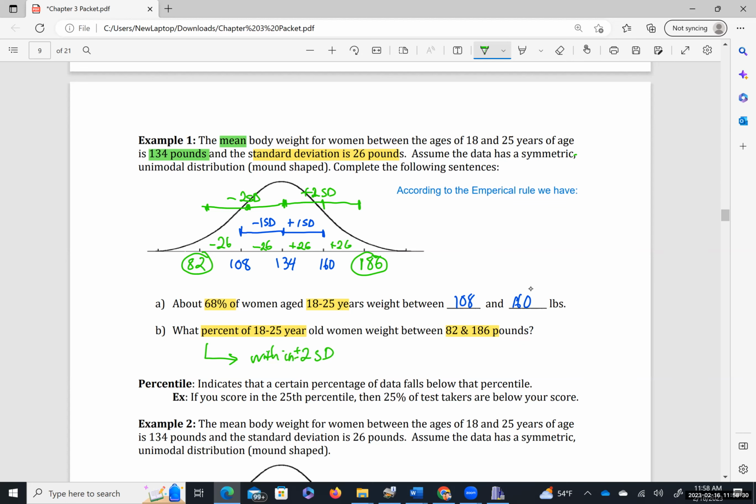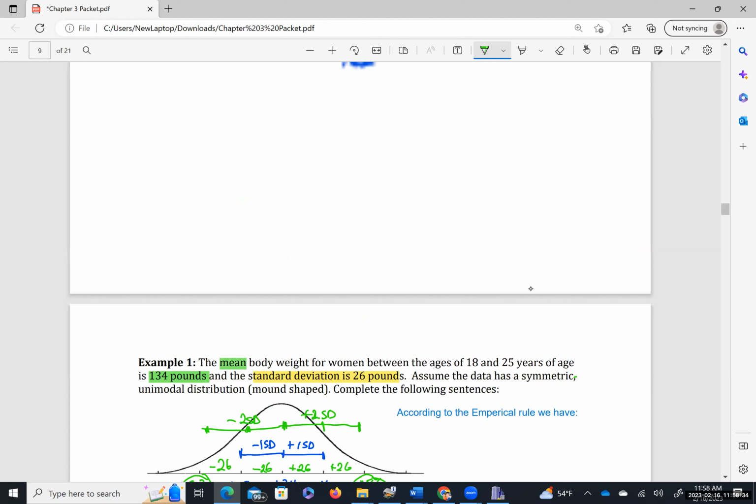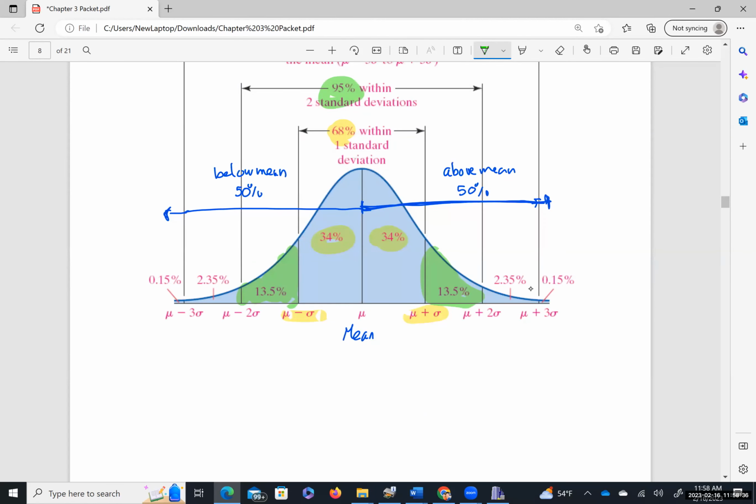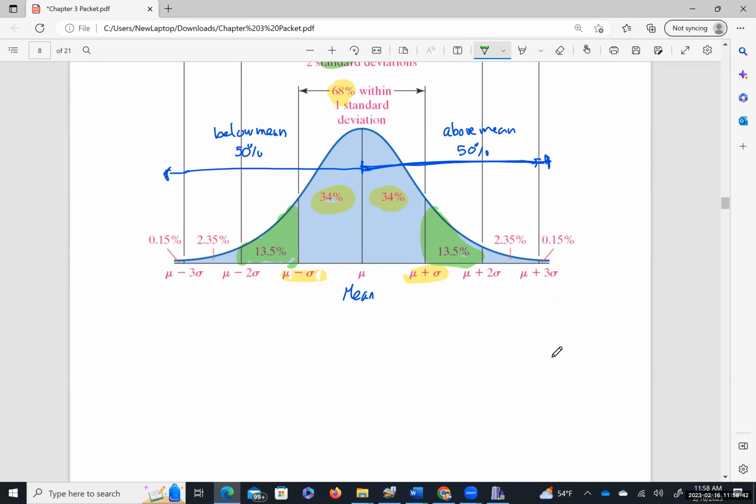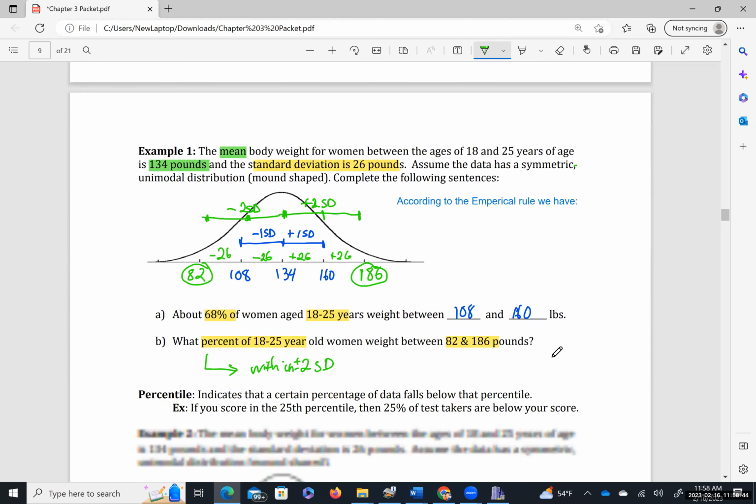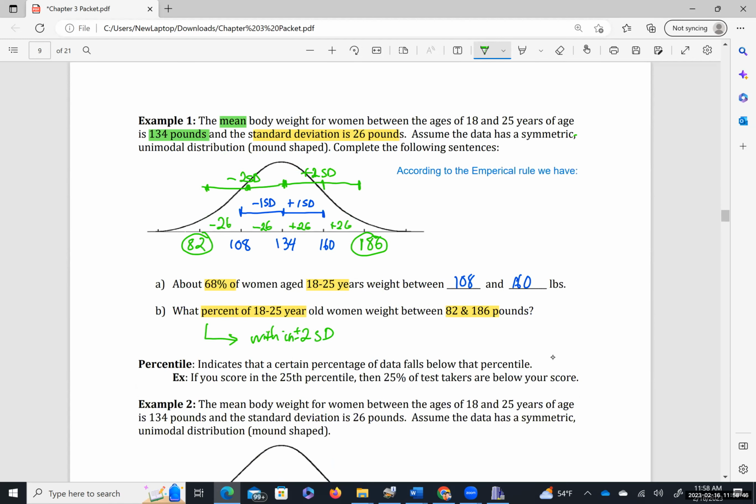Plus and minus two standard deviations. And how many percent is that? 95% within two standard deviations, right? All right, so I would say 95%.